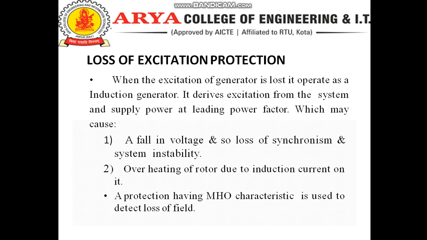Now, in this slide, we discuss loss of excitation protection. When the excitation of a generator is lost, it operates as an induction generator. It derives excitation from the system and supplies power at leading power factor, which may cause the following effects: first, a fall in voltage, and so loss of synchronism and system instability; and the second one is overheating of the rotor due to induced current in it.